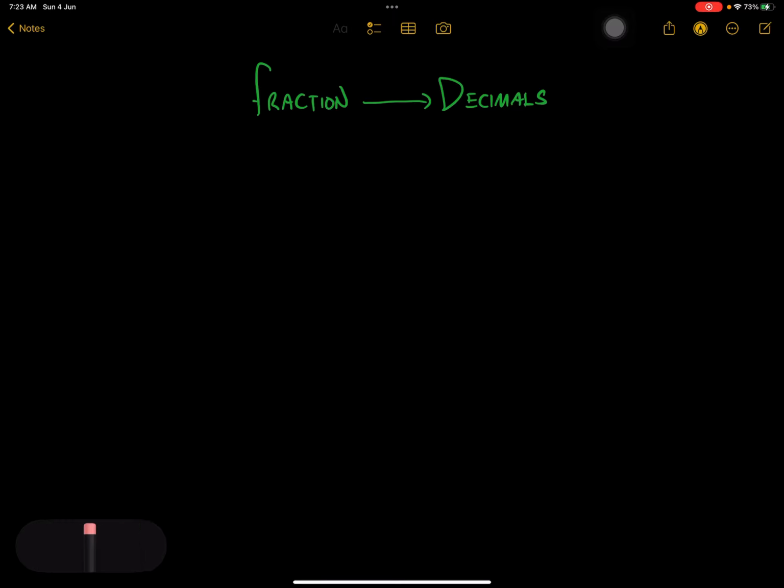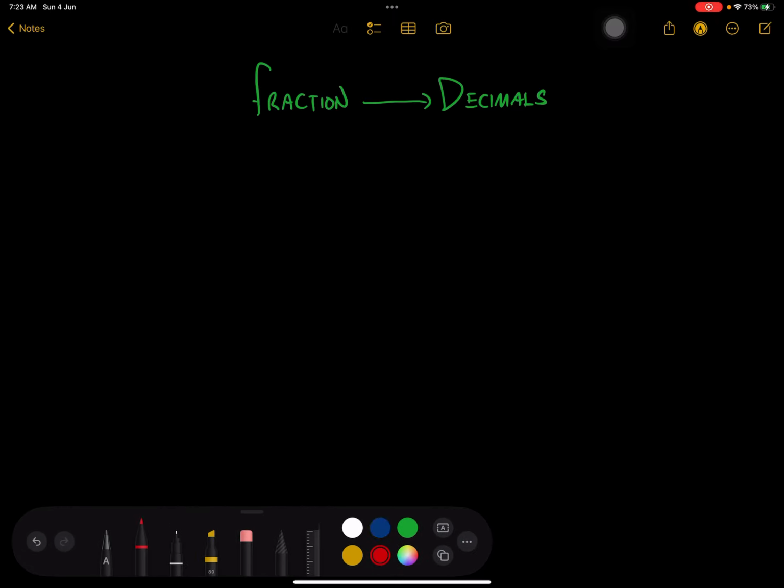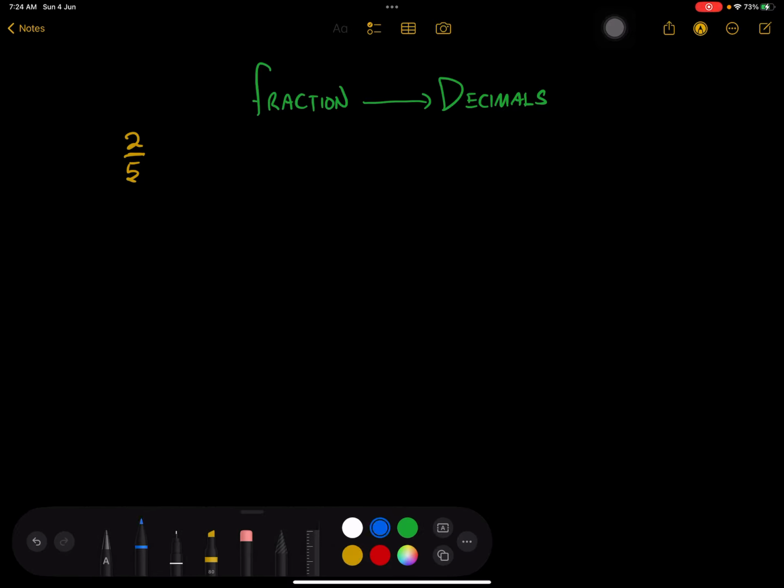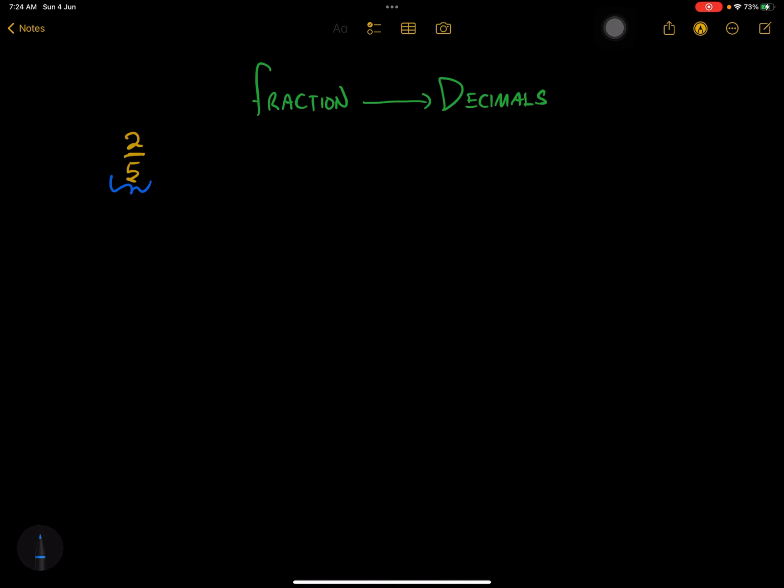Let's have this as an example. Let's say we have the fraction 2 over 5, 2 divided by 5. Can someone tell me what type of fraction this is? Yes, I know you know it. It's a proper fraction.